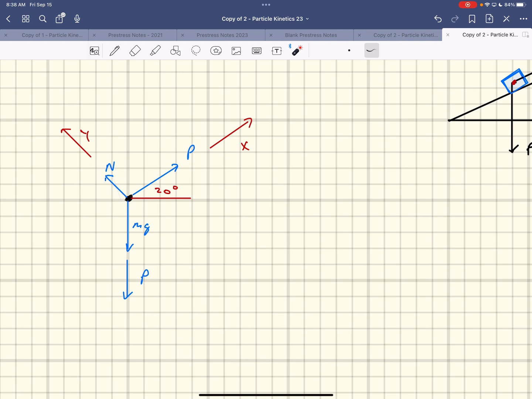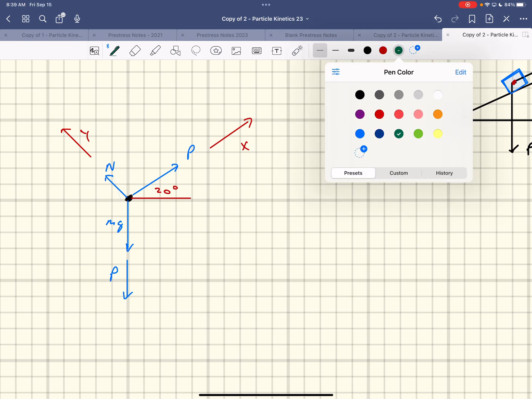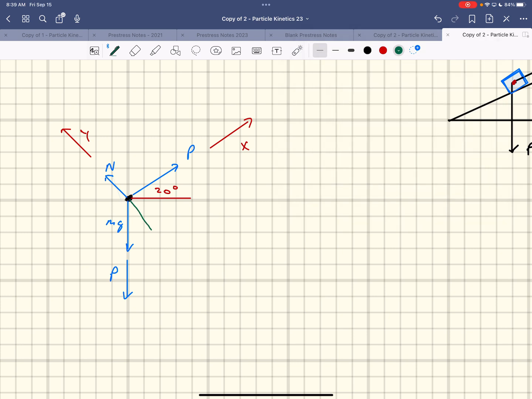So sometimes at this step, I like to put on these diagrams what their components are, just to clean things up and keep it nice and clean. So we're going to break these guys down into their two components. This guy lines up in the y direction, and this guy is in the x direction.